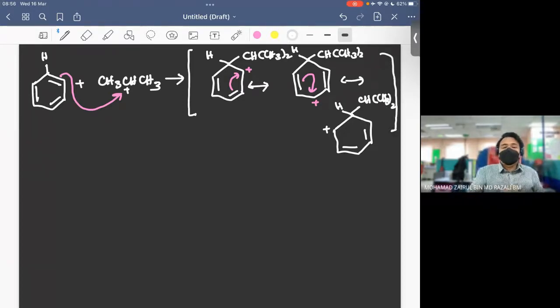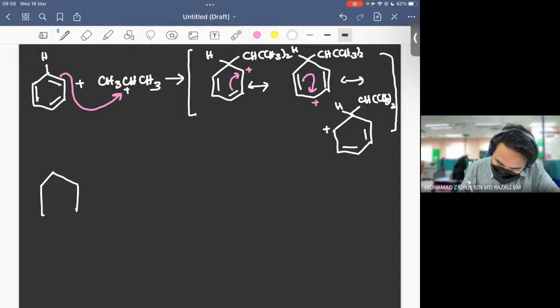Okay, so dah hasilkan resonance stabilized structure, kita pergi pula kepada next step. Okay, next step kita tadi adalah kita kena reform balik kita punya aromatic ring tu. So, kita choose one of the resonance structure tu. So, ini ada hydrogen, CH.